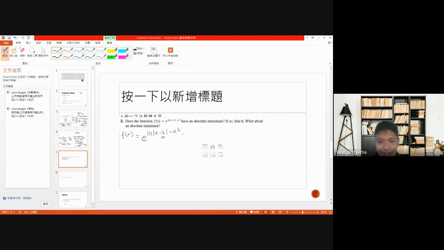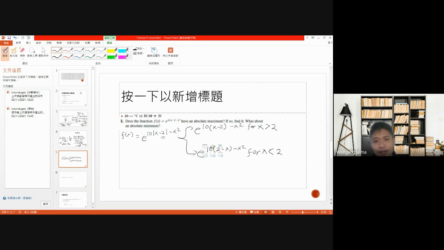But if we can divide it into two, that is equal to e to the 10 times x minus 2 minus x squared for x bigger than 2. And this one will be e to the 10 of 2 minus x squared for x smaller than 2.